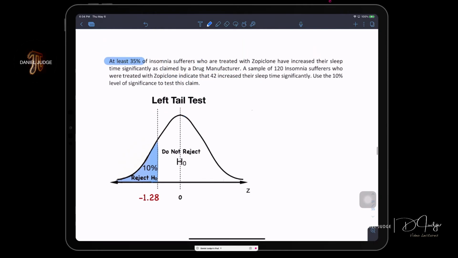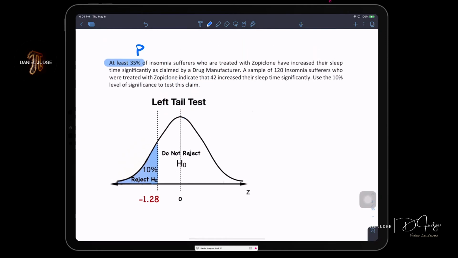At least 35% of insomnia sufferers who are treated with this drug have increased their sleep time significantly, as claimed by a drug manufacturer. Then I have to figure out what they mean by increase.